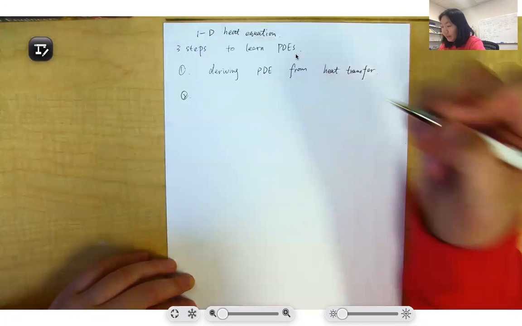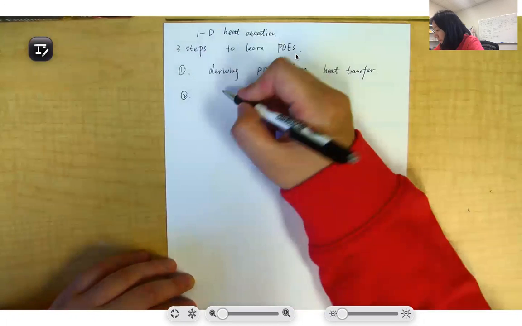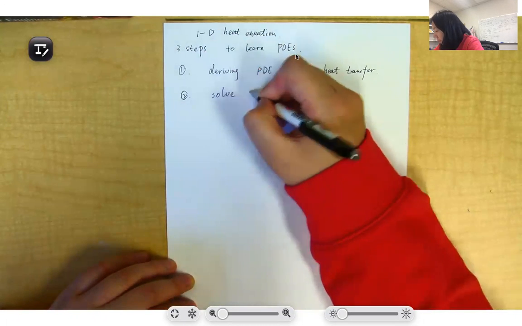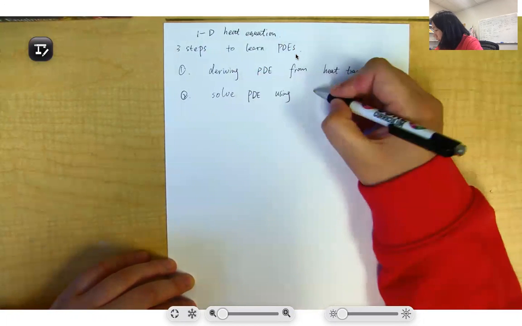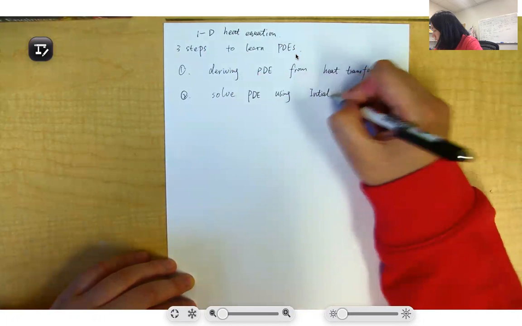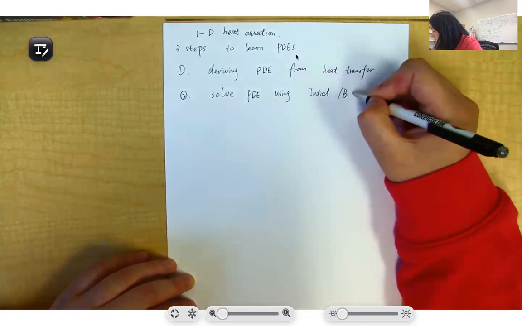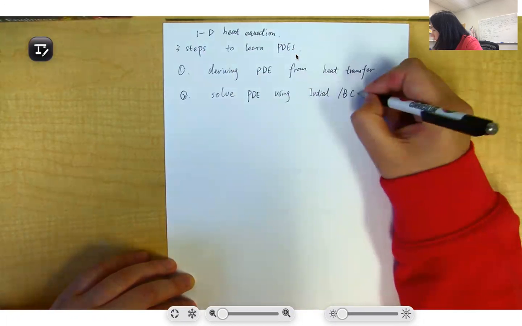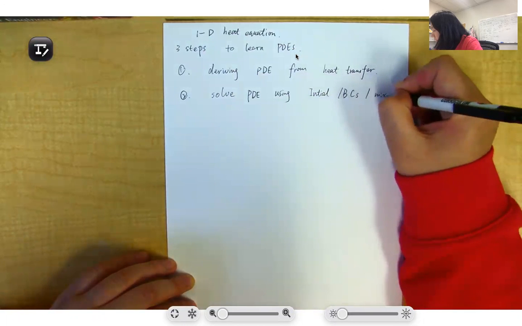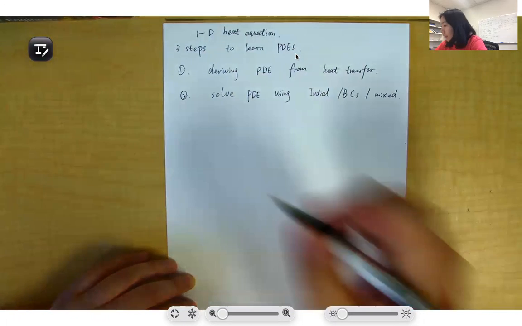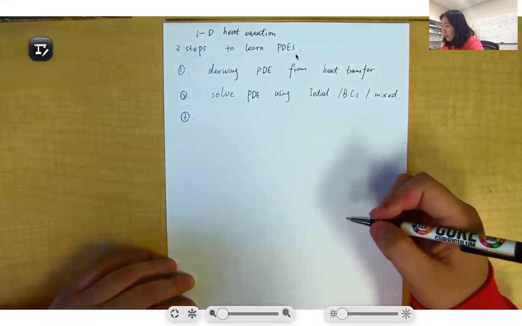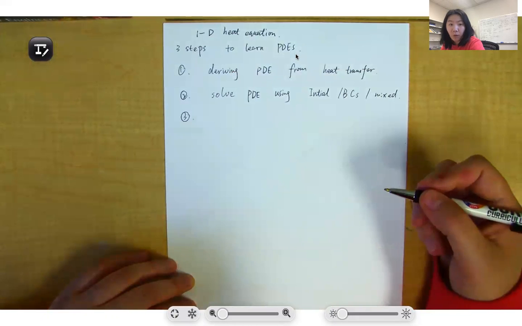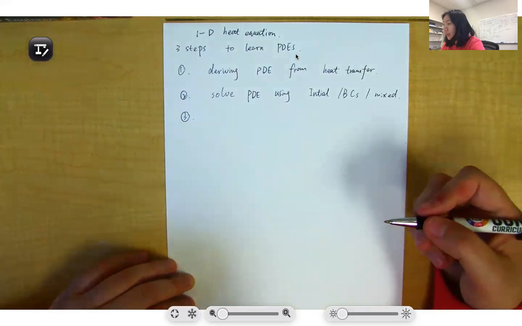Then the second is we will solve the PDE using either initial conditions, boundary conditions, or a mix.